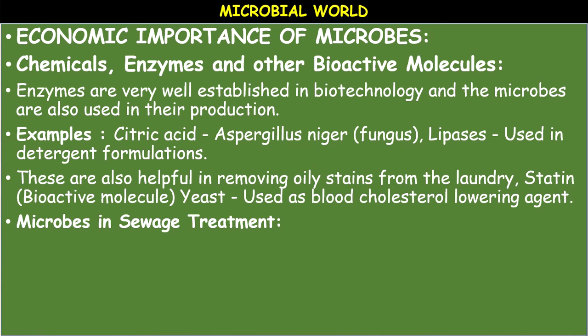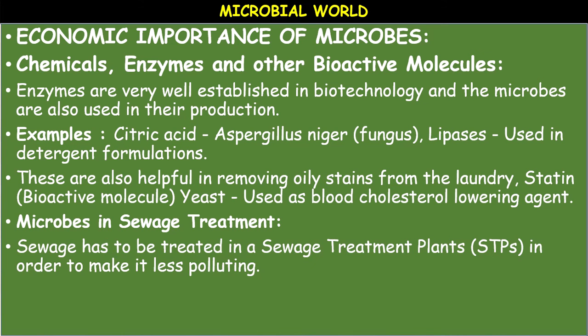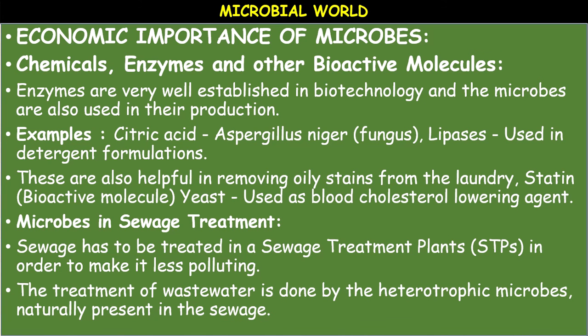The microbes are also used in sewage treatment. The sewage has to be treated in sewage treatment plants in order to make it less polluting, to reduce the toxicity of the water. The treatment of the wastewater is done by the heterotrophic microbes naturally present in the sewage.